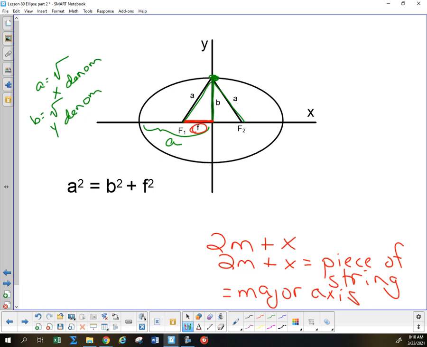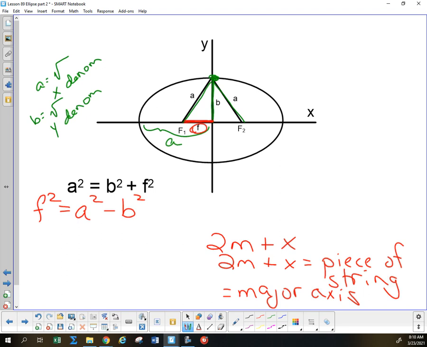So now I have a right triangle in there, and a squared equals b squared plus f squared by the Pythagorean theorem. What that means for how we are going to find our foci, it's usually going to be more helpful to us if we then rewrite this as f squared equals a squared minus b squared.